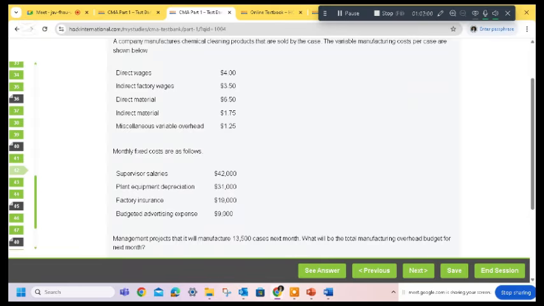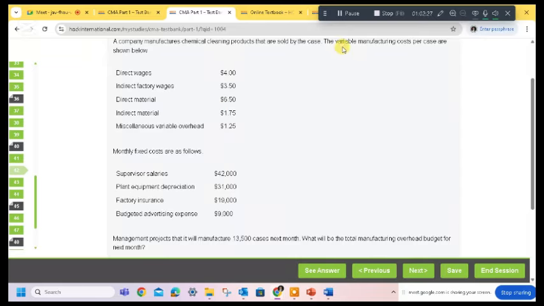This 3.5 is manufacturing overhead, because indirect factory wages, indirect labor, indirect material is here, that's factory overhead. Supervisor's salary must be factory overhead, that is within the factory.